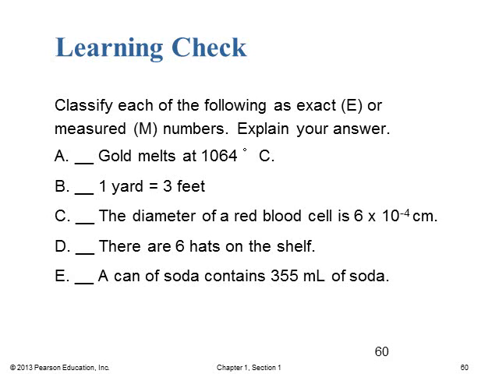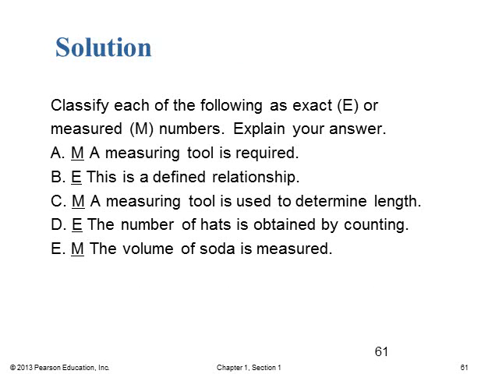The diameter of a red blood cell is 6 times 10 to the minus 4th centimeters, and so we come up with that number by measuring it, and so that is a measured number. There are 6 hats on the shelf. You're going to count those 6 hats, and so that is an exact number. And then if a can of soda contains 355 milliliters of soda, well, you can measure that volume. All right, and so that's a measured number, as you see in these cases.